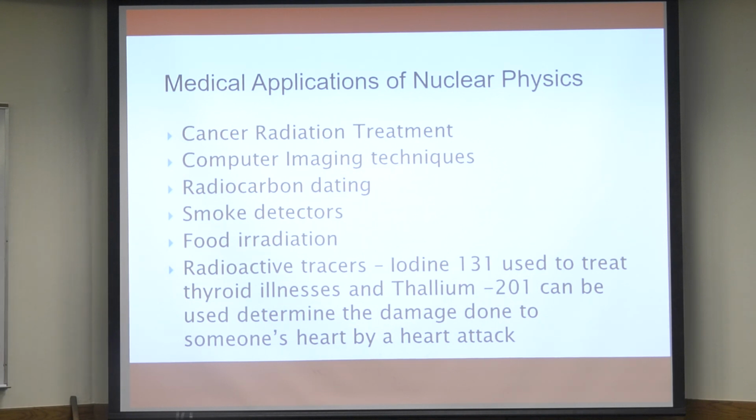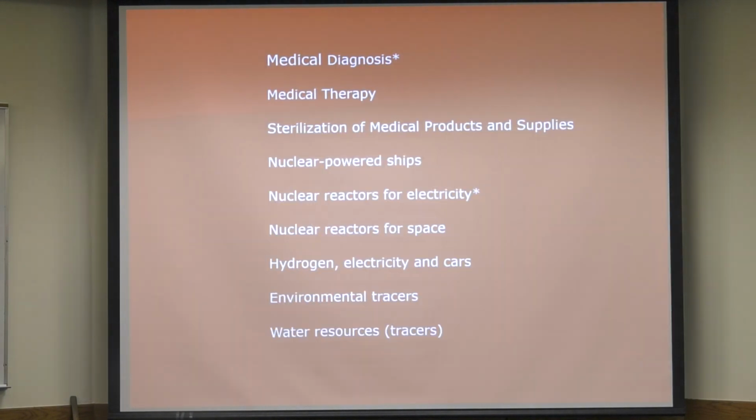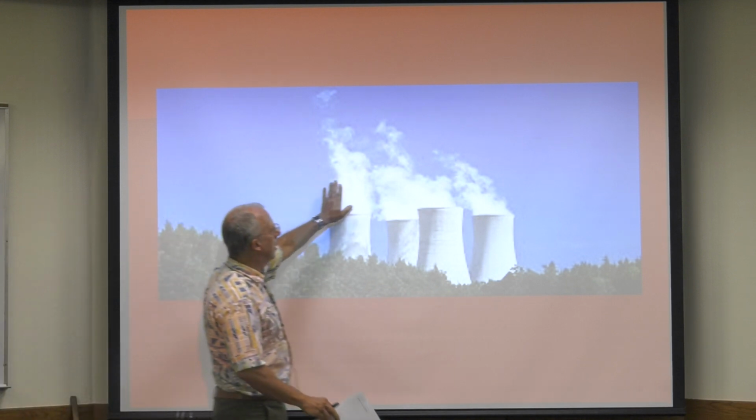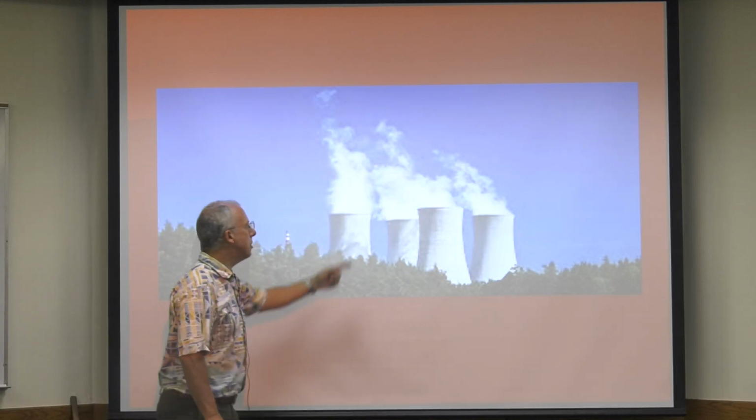And there are others besides just iodine and thallium. Medical therapy, I just said that. Sterilization of medical products and supplies, nuclear-powered ships, nuclear reactors for electricity. So some people look at that and say, oh, horrible. It's all air pollution, horrible. What is that?